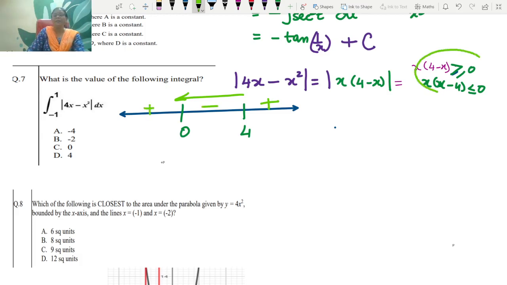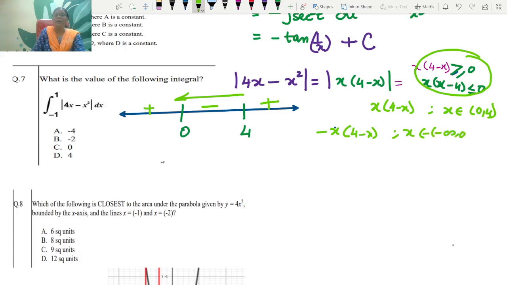So it is x times 4 minus x if x belongs to 0 to 4, where the function is positive, and it is minus of x times 4 minus x if x belongs to minus infinity to 0 union 4 to infinity.